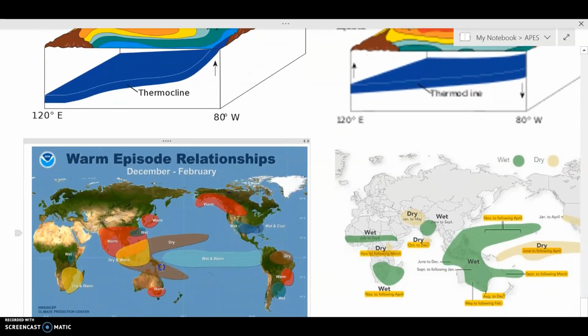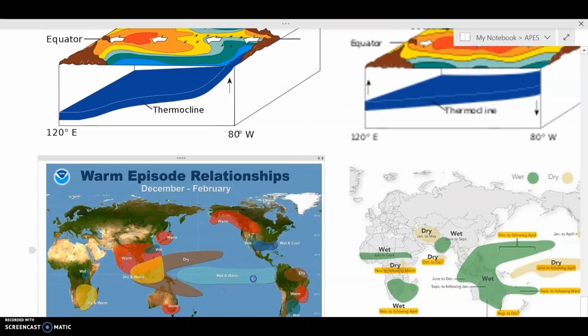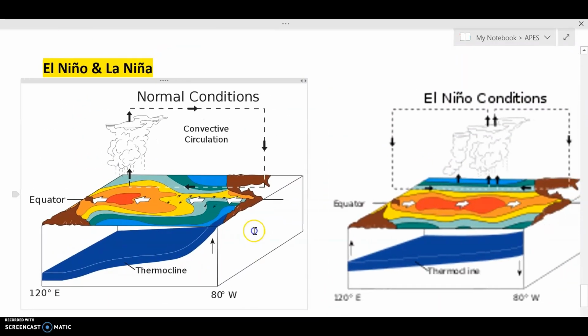So usually the wind currents and the water currents go from east to west for normal conditions. So here are the normal conditions. It's going from east to west, and all that warm air is moving to the west, right?